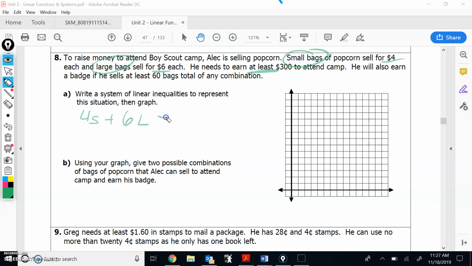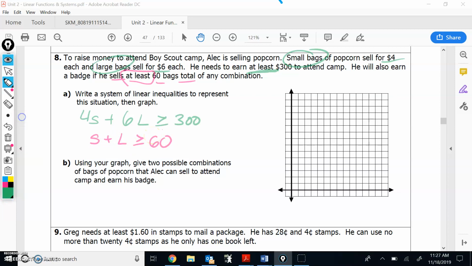Has to be at least, which means greater than or equal to $300. That's the first equation. The second equation, he will also earn a badge if he sells at least, again, 60 total bags. So the number of small bags plus the number of large bags has to be at least 60.